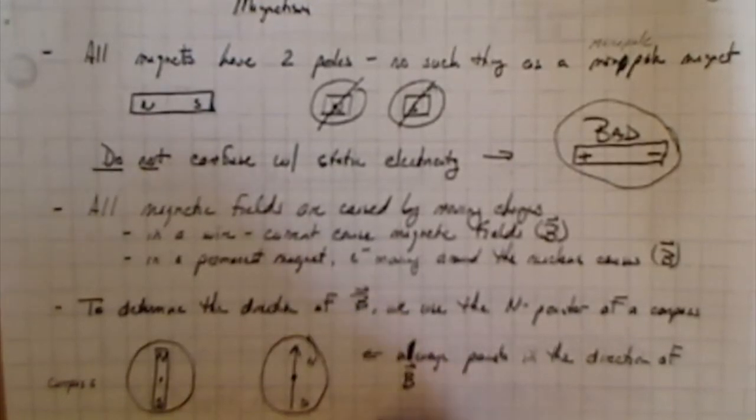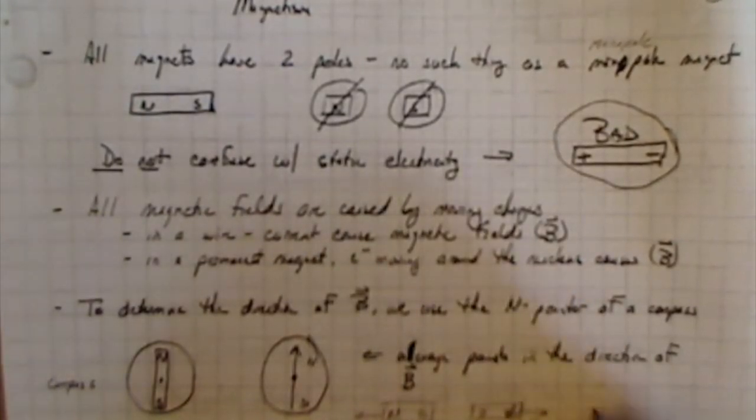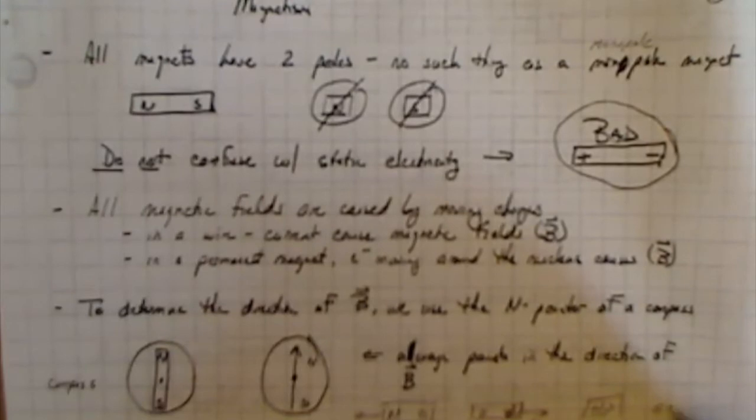Before we go into that, let's add one other quick thing. Right on the side here, please remember that like poles are going to repel. Whoops, south-north. These guys are going to repel. And the opposites, north-south, south-north.